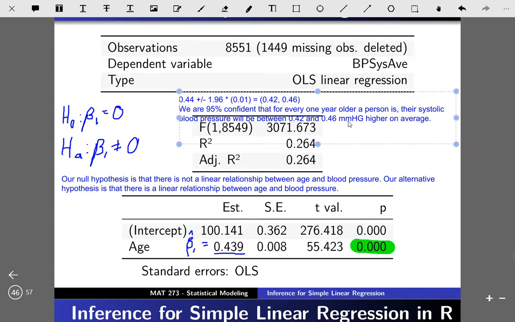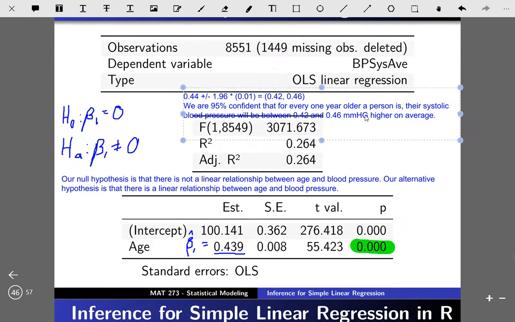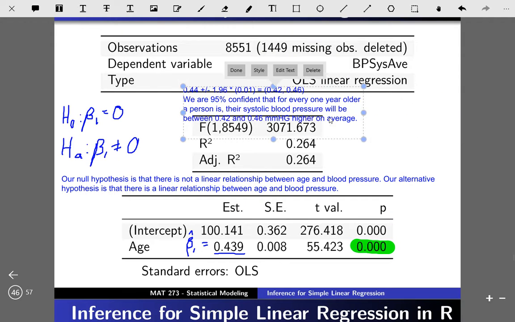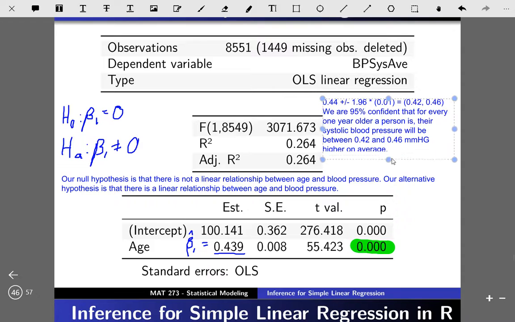Okay. So that's how we interpret the confidence interval that we constructed. And again, I rounded the 0.439 to 0.44 and this 0.008 to 0.01.